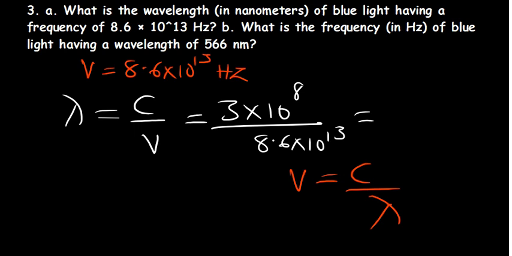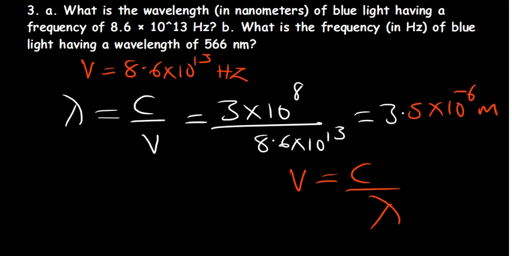My answer in scientific notation is 3.4... I'll take it to 1 decimal place, so 3.5 times 10 to the power negative 6. Negative 6 what? The units are meters.